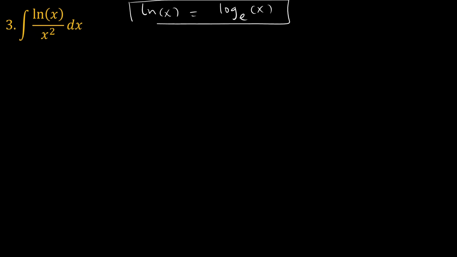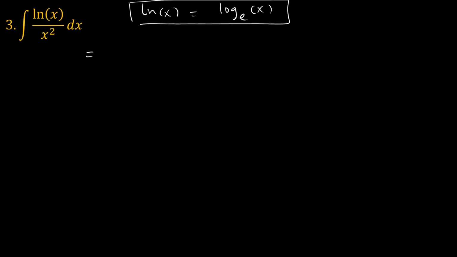So problem number 3, the indefinite integral of natural logarithm of x over x squared. Just as a by the way, natural logarithm of x is the same as log to the base of e of x. We're going to use here integration by parts.